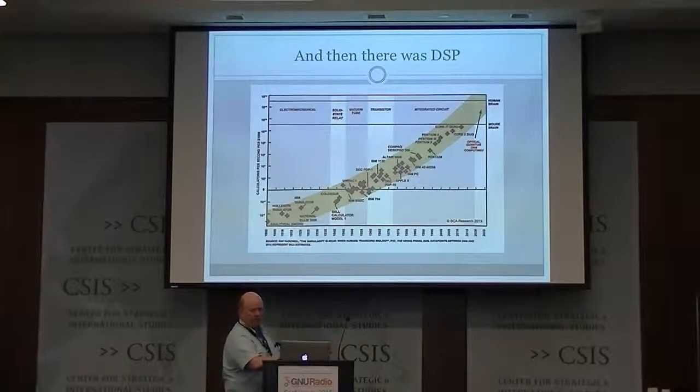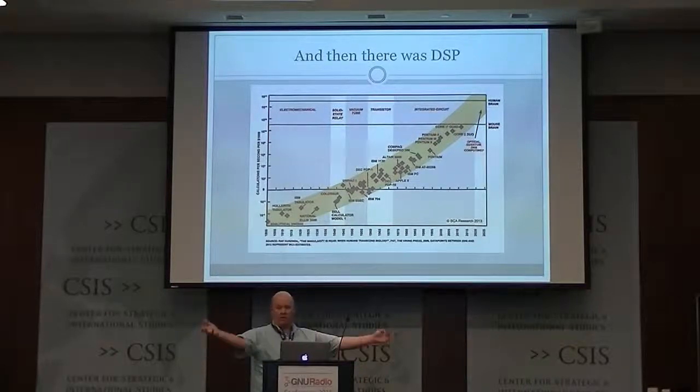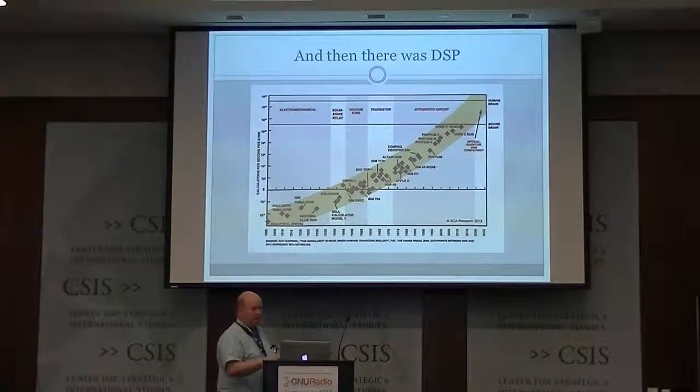What is that? I got to work on the TI TMS320C10, which was TI's first digital signal processing chip with the Harvard architecture, where it would do multiply, accumulate, bring in new data, and get ready for the next one in one tick. That was just a massive innovation back then.